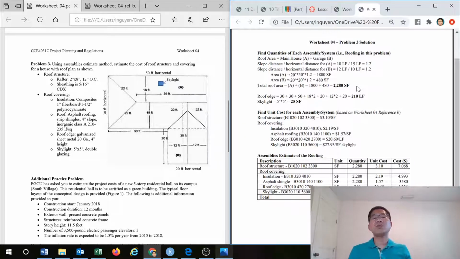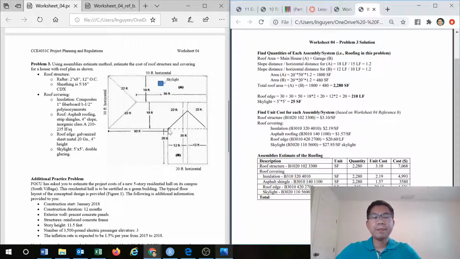The next thing we need to do is find out the unit cost. For the other items, we also need to find the quantity. The roof edge goes through all the area there. Let's start from here.